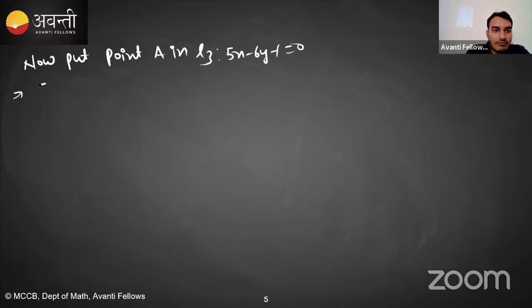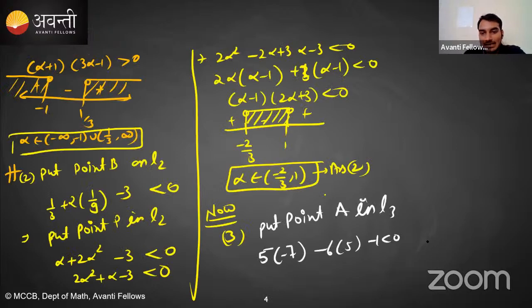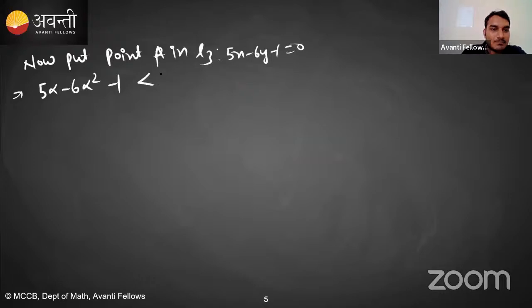So what you will get? 5 alpha minus 6 alpha square, point P, minus 1. So we are getting less than 0 on putting A in L3. So it implies we will get the same sign only. So when I put the point P in the line L3, I will get less than 0. Is this clear, student? Tell me quickly how many of you understand so far. Is there any doubt, student, so far?